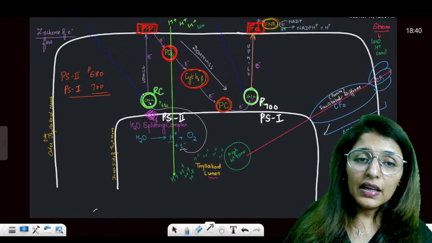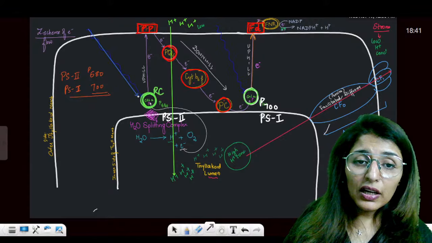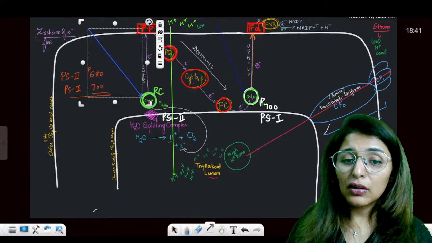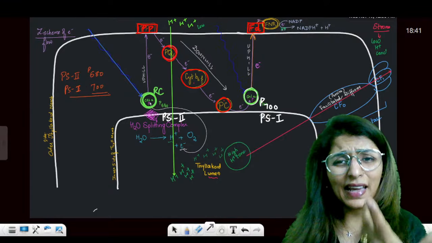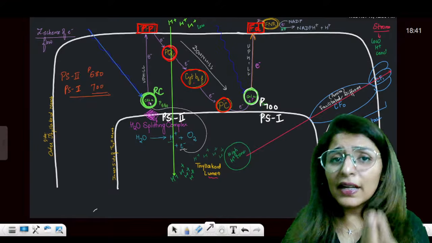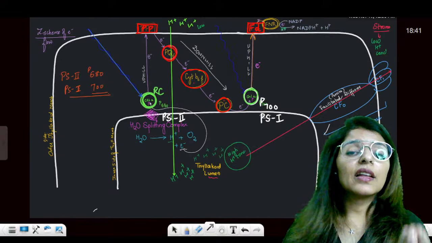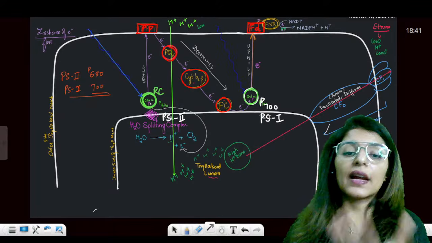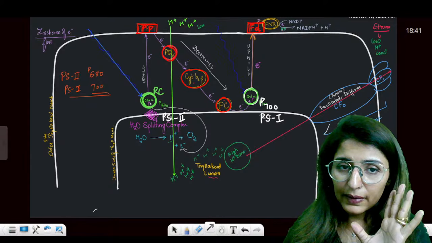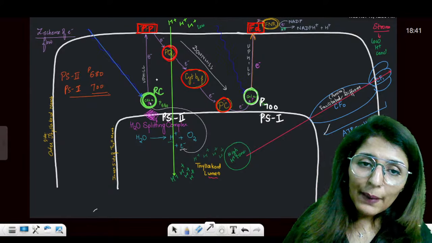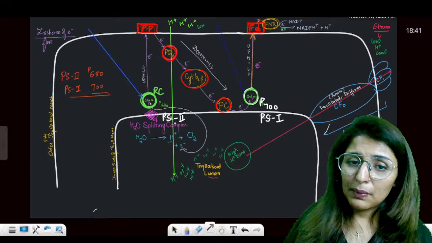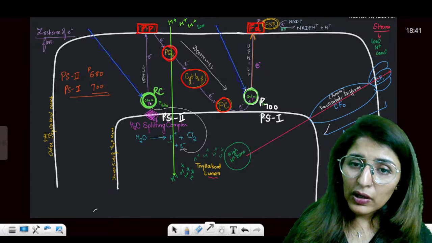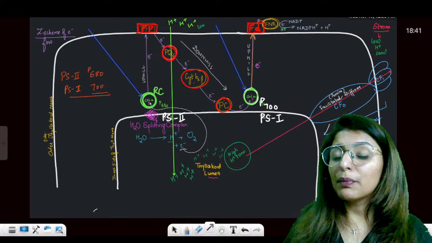Okay, so first of all, light is hitting the chlorophyll A. When the light is absorbed by chlorophyll A, being a chemical, light is energy, chlorophyll is a chemical. This light energy is going to excite the electron of chlorophyll A. Yes or no? The light is falling on chlorophyll A of PS2, as well as on the chlorophyll of PS1.